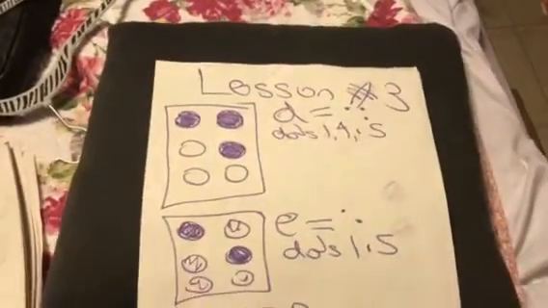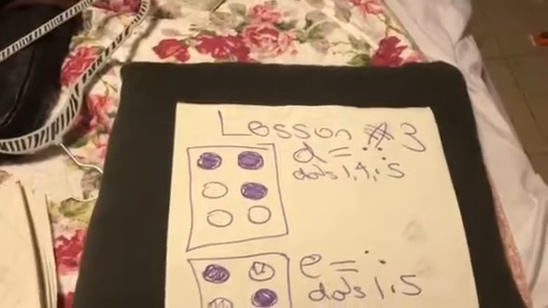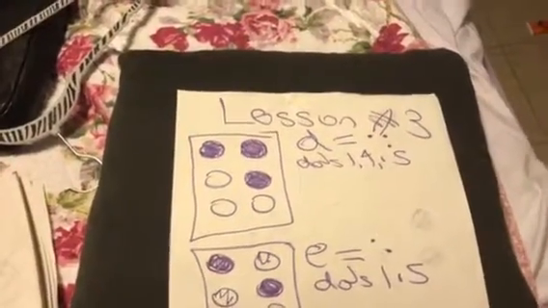So we're going to continue our lesson, which is lesson number 3, and I already had it pre-written, so it would be easier to explain. From the last time, we had learned the first 3 letters of the alphabet, A, B, C. Now we're going to go to the next 3, D, E, F. So we have the printed letter for D, and the dots in order to make the letter D are 1, 4, and 5.